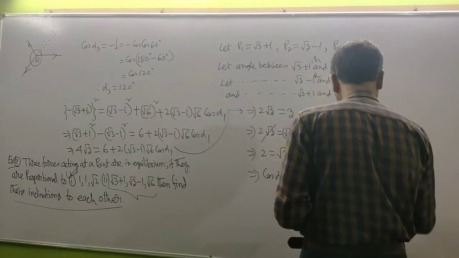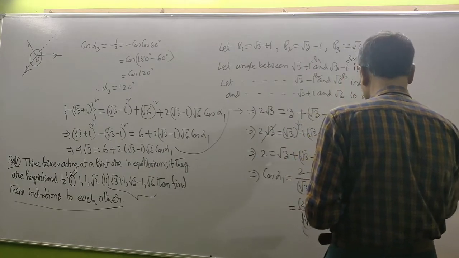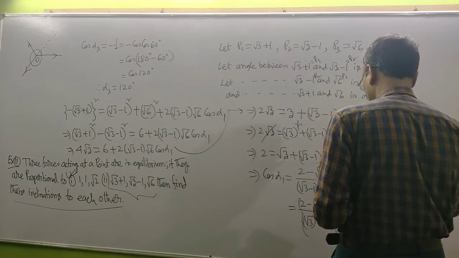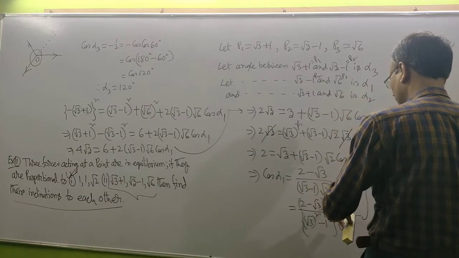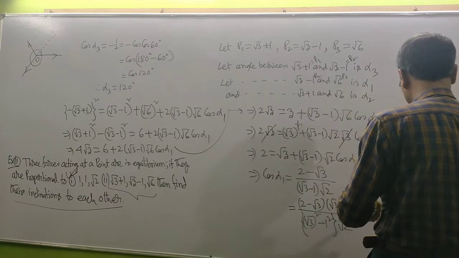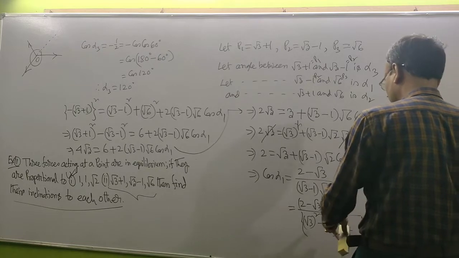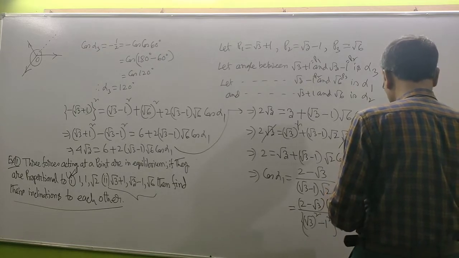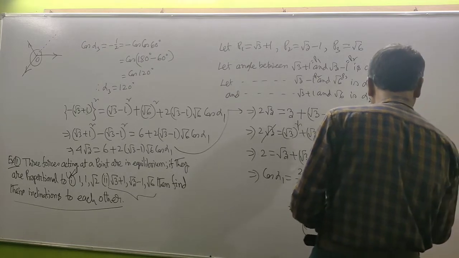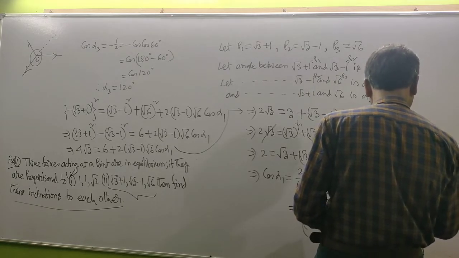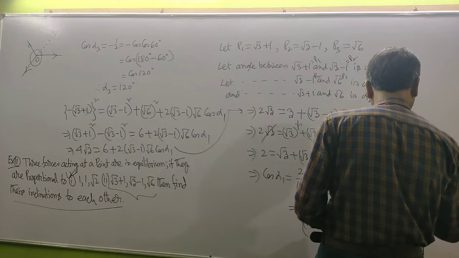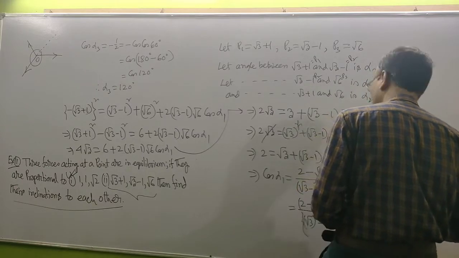From this, 2 root 3 minus 3 plus 2 minus root 3, divided by 3 minus 1, means 2 root 2, should be equal to (root 3 minus 1) divided by 2 root 2.